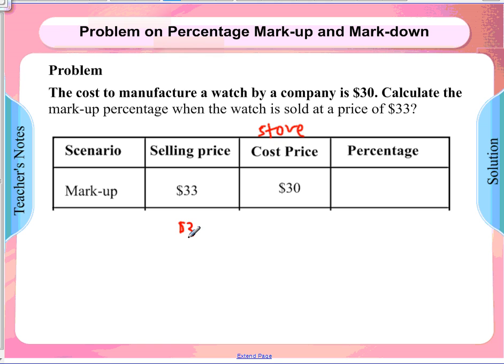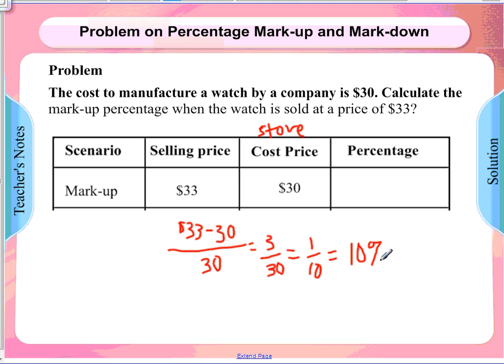We have 33 minus 30 over the store cost, which is 30. So then we figure out that 33 minus 30 is 3, over 30, which we can reduce to 1/10, which is the same as 10%.